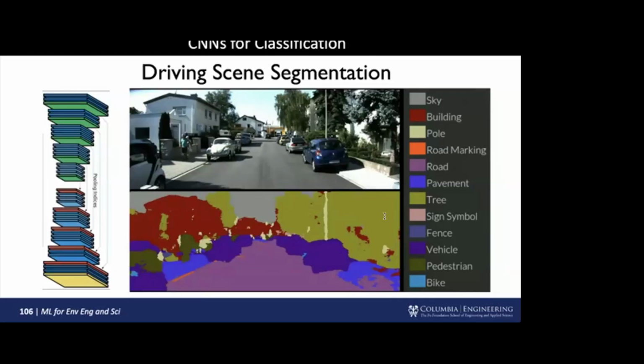You can have a look at the legend on the right. This allows an autonomous system to understand the precise boundaries of dozens of different environment classes simultaneously. That's how convolutional neural networks are used in image segmentation.